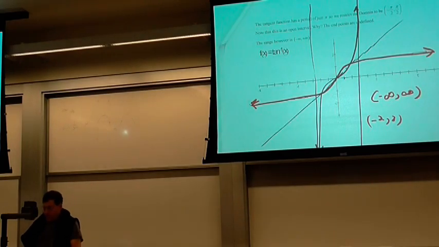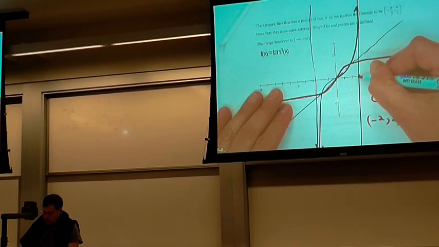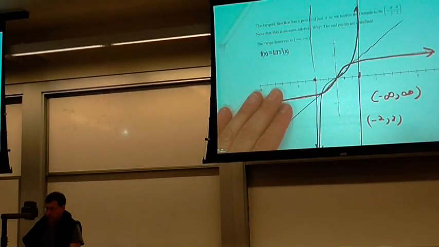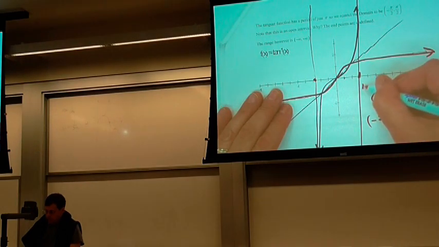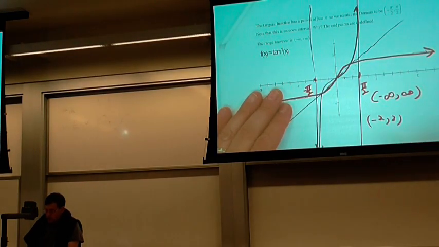The way to think about it is, think of the tangent function. It's between these two asymptotes. Where are the asymptotes? Pi over 2 and minus pi over 2. So its range is minus pi over 2 to pi over 2. And you'll notice this is what we call an open interval.